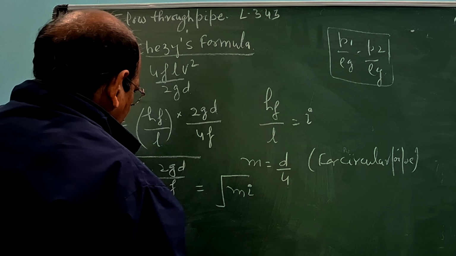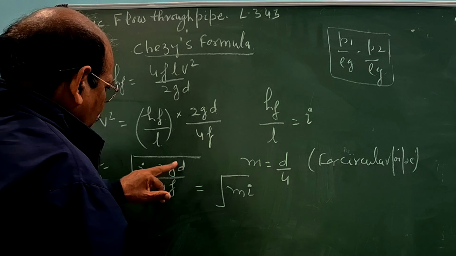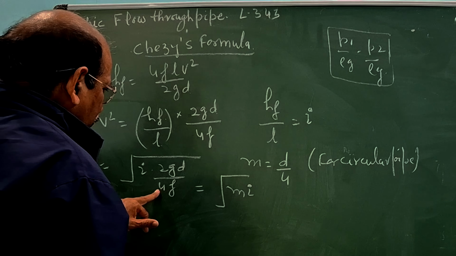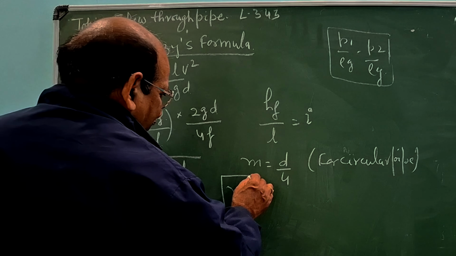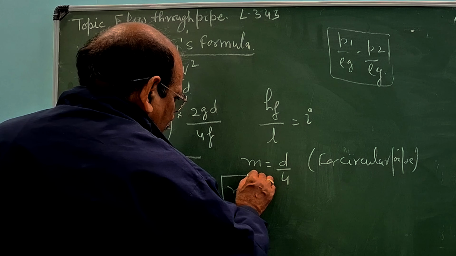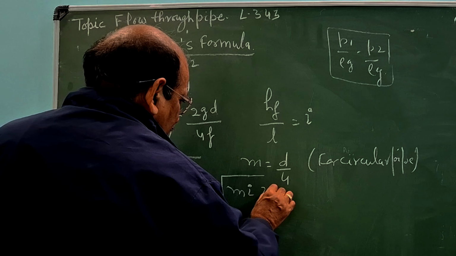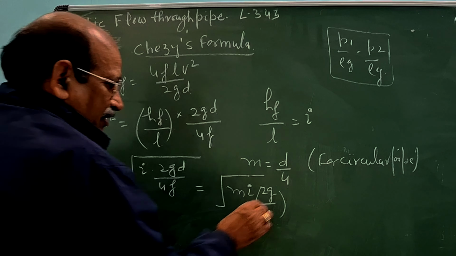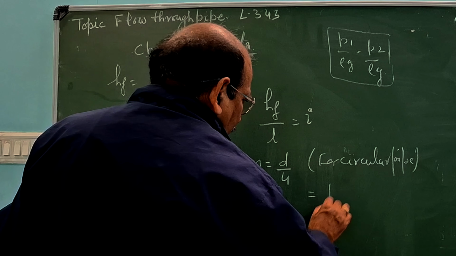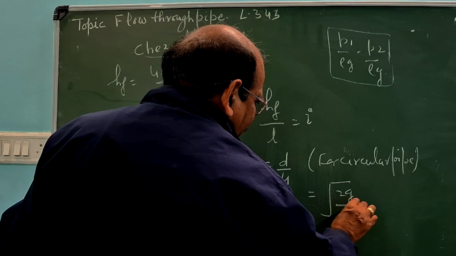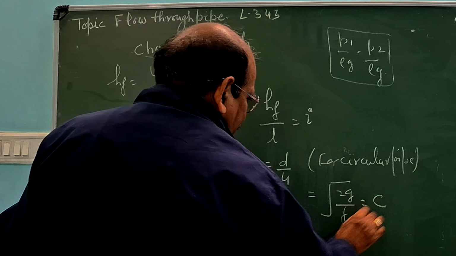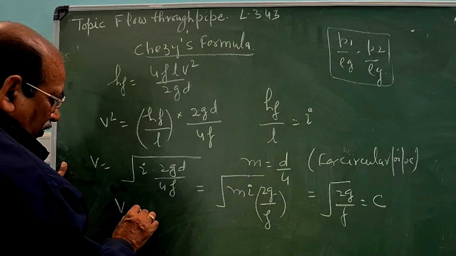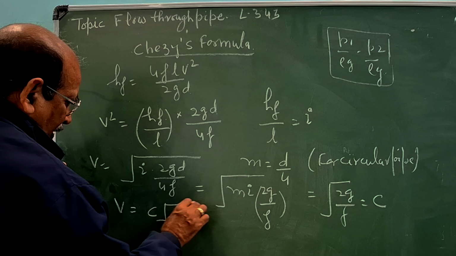and this value, we have D by 4, times root over 2g by F. This 2g by F, root over 2g by F, is taken as C. So this will be your V equals C into root over mi.